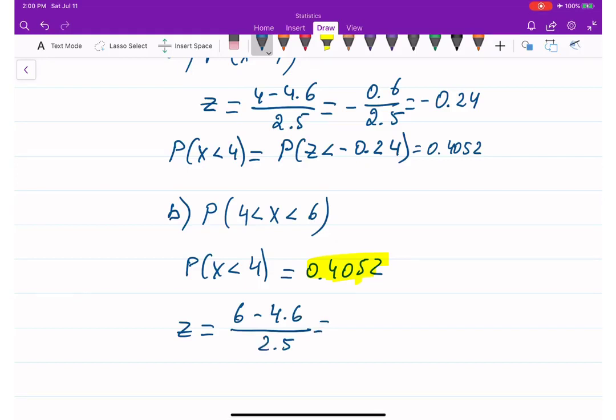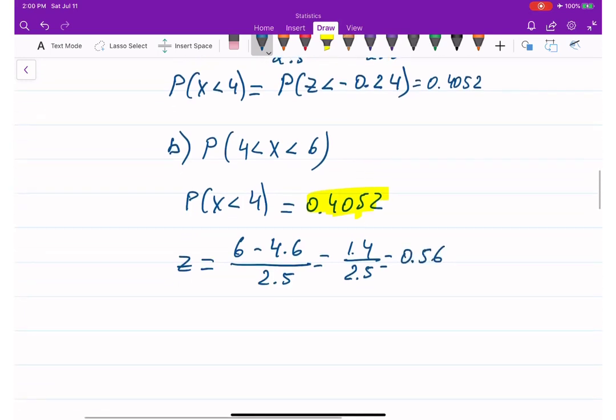Okay, so 6 minus 4.6 is going to be 1.4, and we divide by 2.5. It's going to be 0.56.